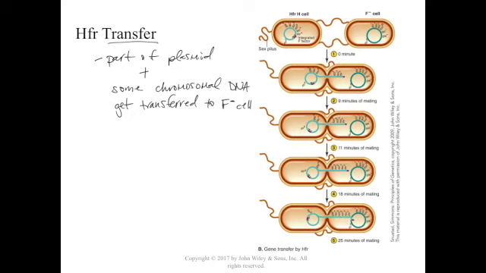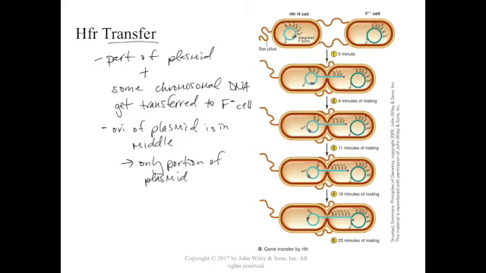Now, in the last slide, recall that I told you that the origin of replication of our plasmid is now in the middle because of the way it integrated. And that means that only a portion of the plasmid genes gets transferred. And this means that those genes for a pilus are not the ones getting transferred.